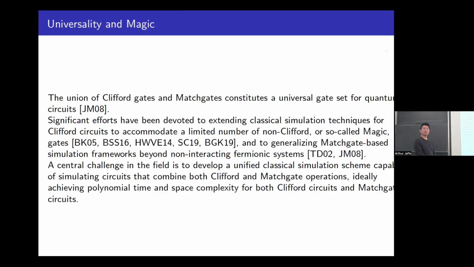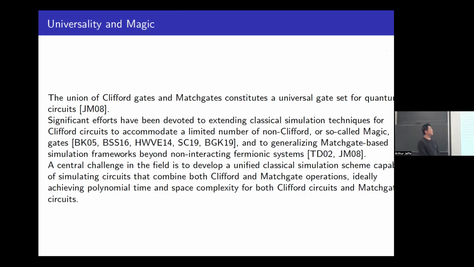And usually people study Clifford plus some other gates like the T gate or some general phase gate, and consider the phase gate as the resource or magic gate. The reason is that the Clifford gates can be implemented as the logical gates for various quantum error correction codes. And then we can think about how to implement other logical gates like T gates by different methods.